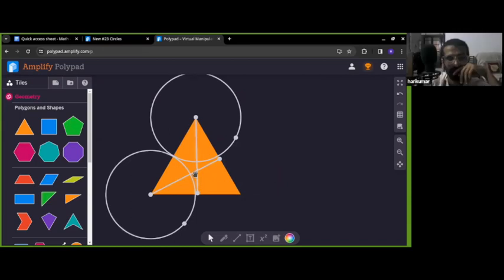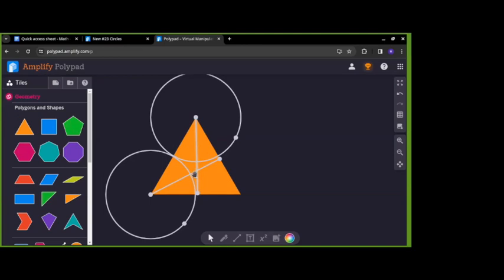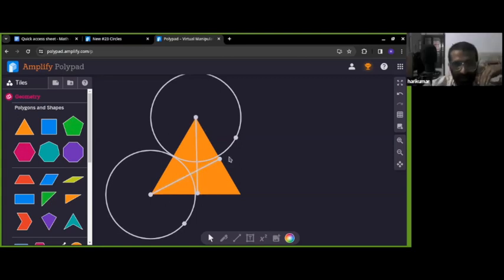Yes. How do you say this? I'm just trying to put a nice word to it. Okay, so for one thing, you know that both the medians will be of the same length. Yeah, this and this are of the same length.